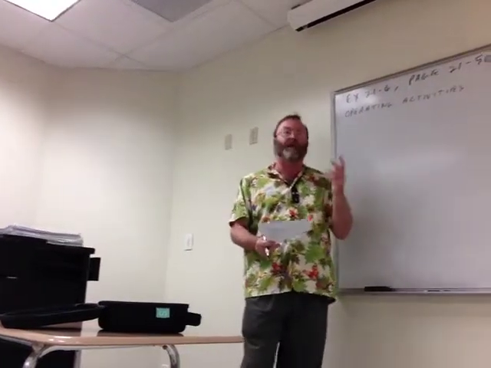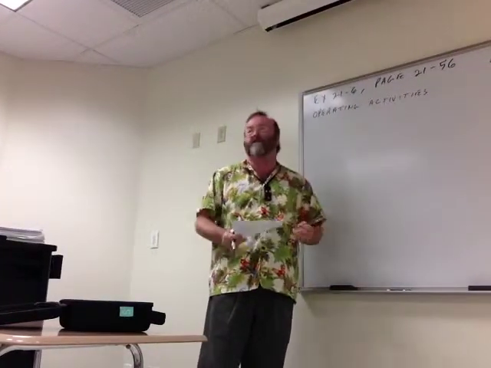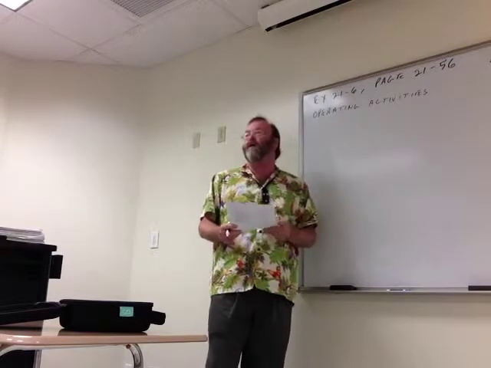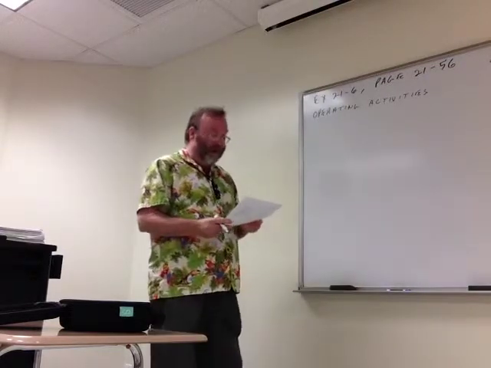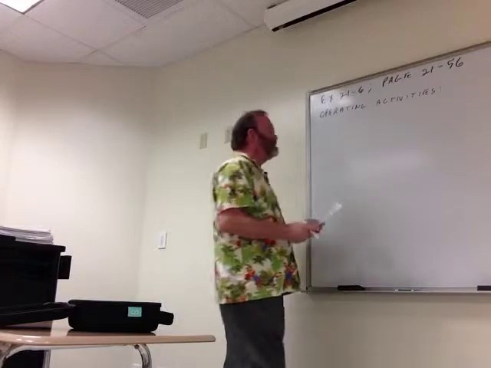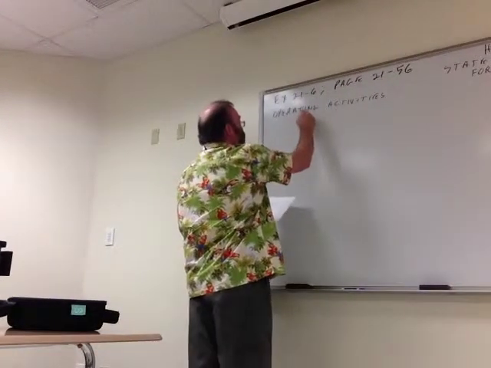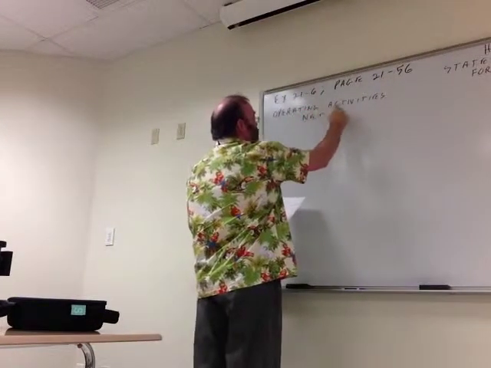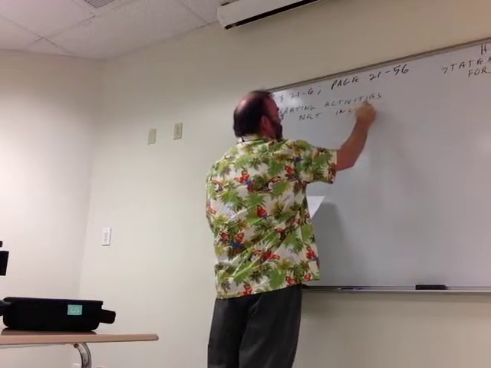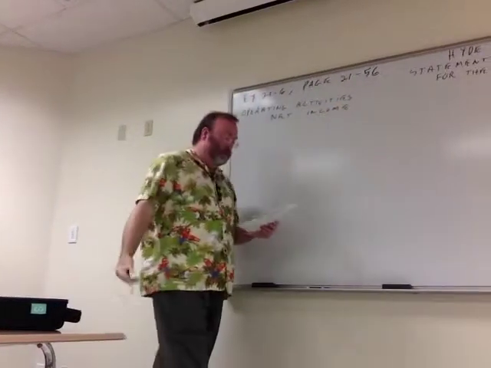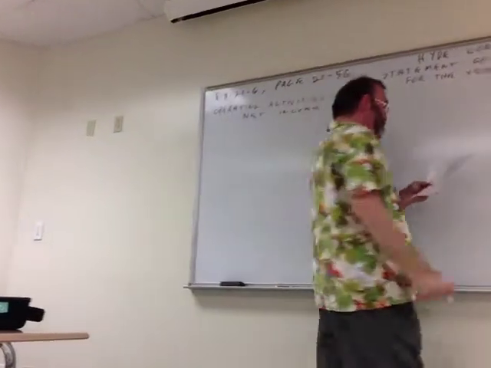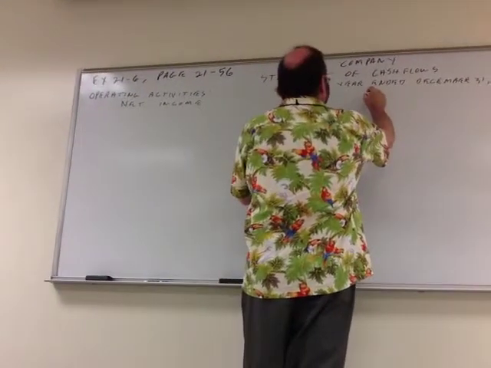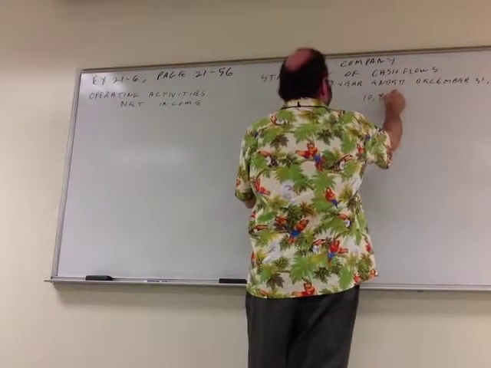The international community does not allow the indirect method, so the United States is the only place you use it, but it is the most popular way. The main difference between the two is indirect starts with net income, which your book in your problem has as 10,800.